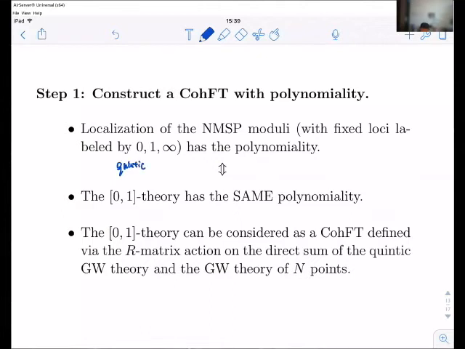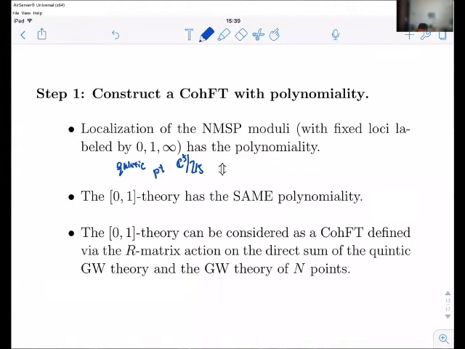We label it by 0. The 1 means it is a point. And then we have the label infinity, which means it is some singularity theory. The singularity theory is what we don't want because it is as complicated as the quintic theory.